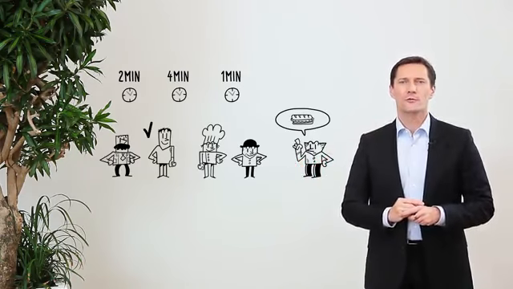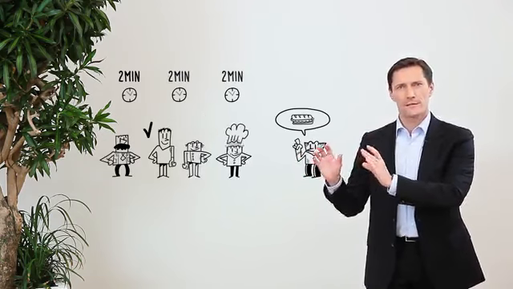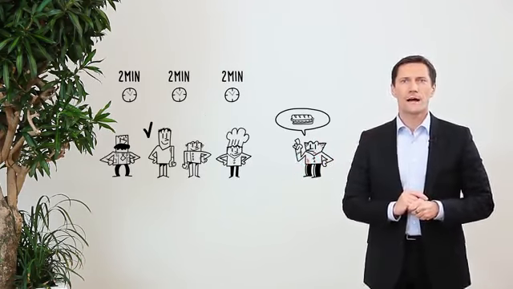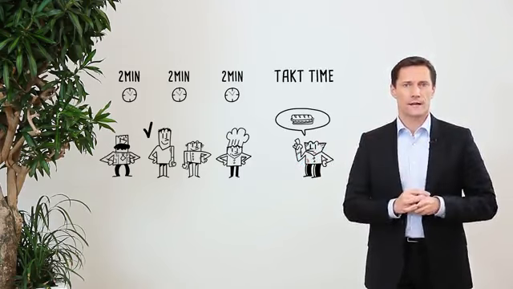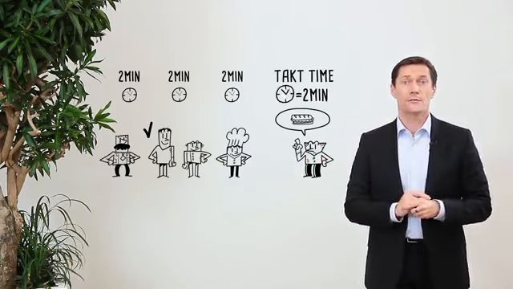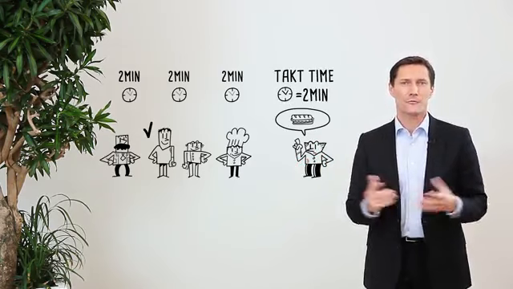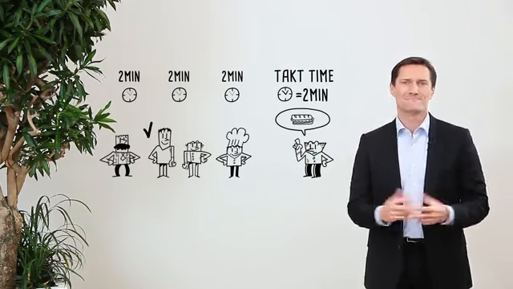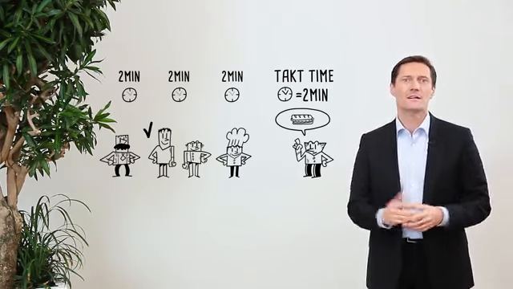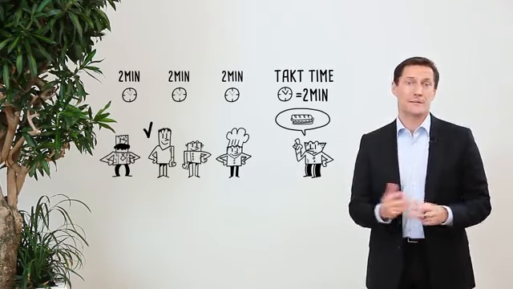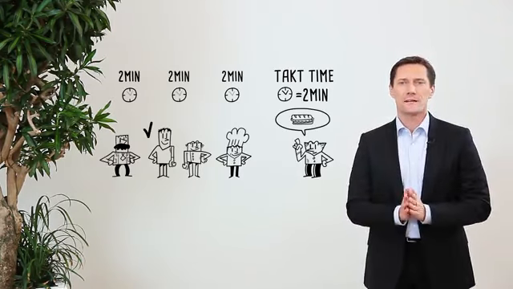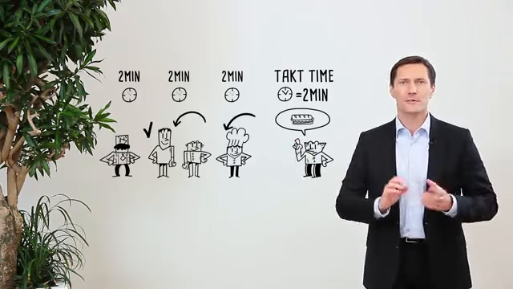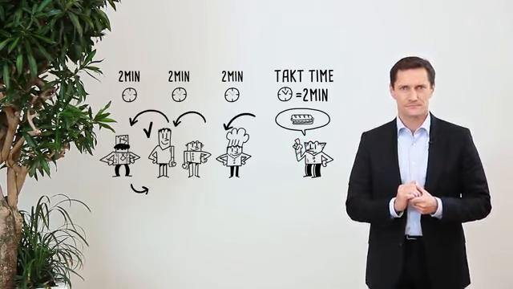So you can reallocate the additional employee to workstation B. After that, C works according to TACT, so according to the 2 minutes. Now the result is that your customer is happy, because the customer doesn't need to wait anymore and is served fast. In total, the whole sandwich production value stream works according to customer demand.